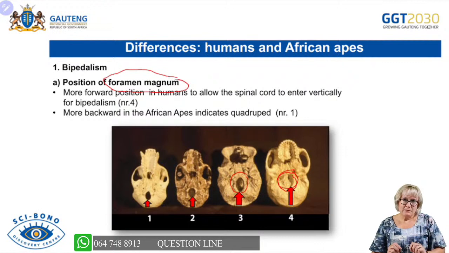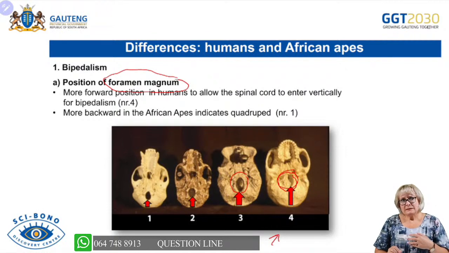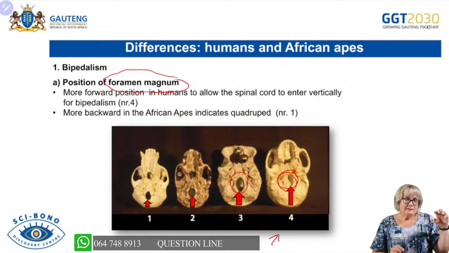It tells us something. In humans, it's in a more forward position. So if you turn the skull around, it is in a more forward position, as here in position number 4. And then in less evolved animals, we will see that actually that position of the foramen magnum is moving backwards. So it's in a more backward position of the skull.